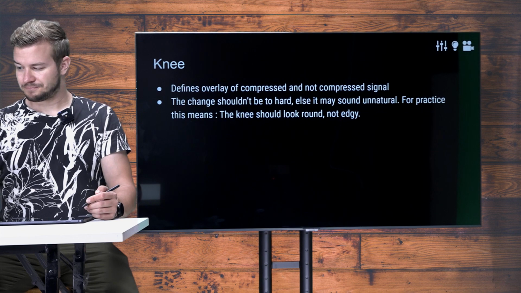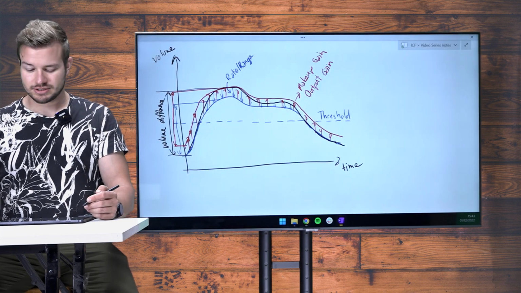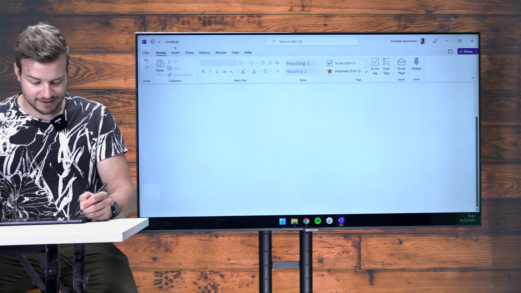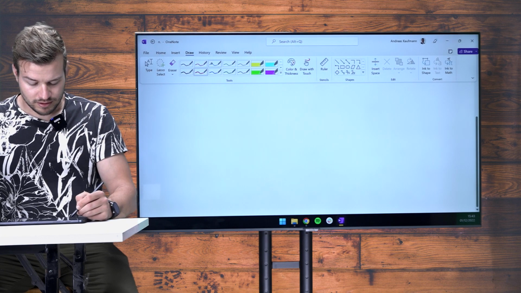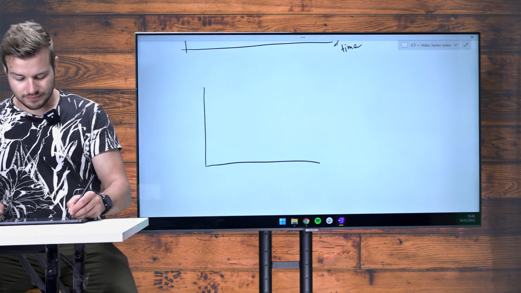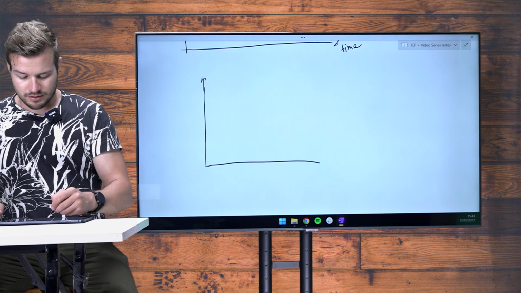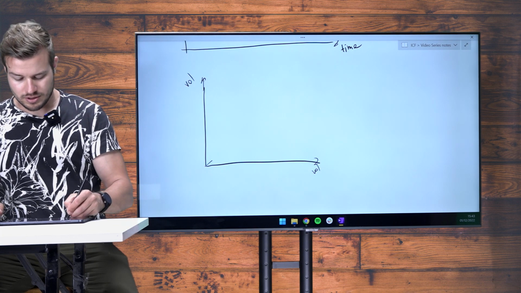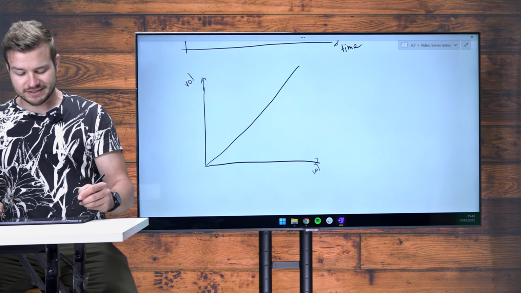So when we look at a compressor, it normally looks somehow like that. Let me pick black here. So this is if the signal is not compressed.